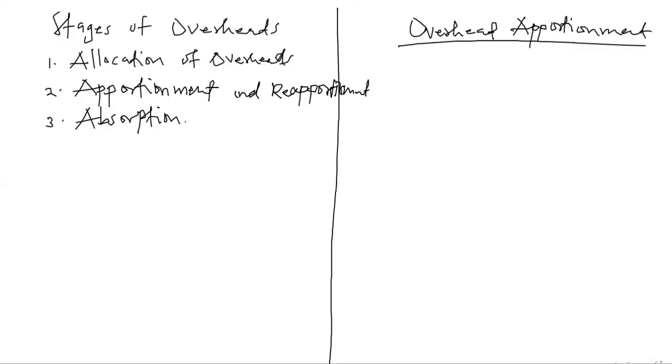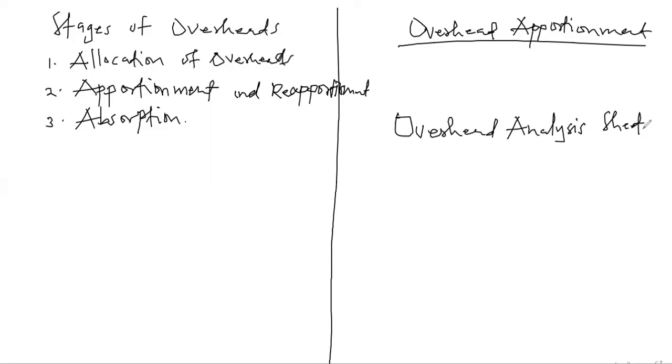One thing that I also want to talk about is the overhead analysis sheet. The record used for making overhead analysis is generally what we refer to as the overhead analysis sheet.